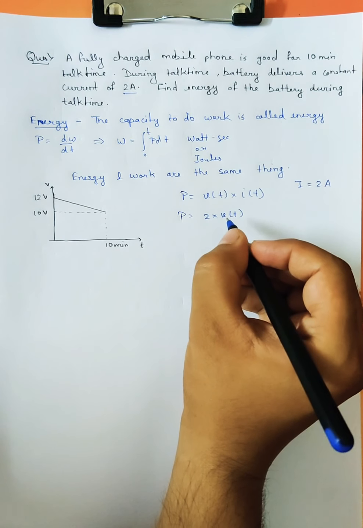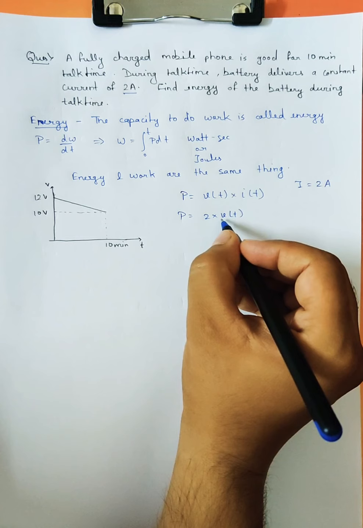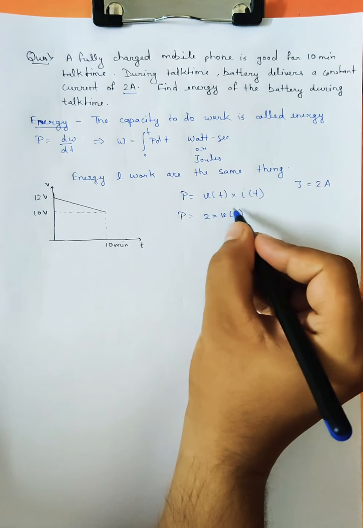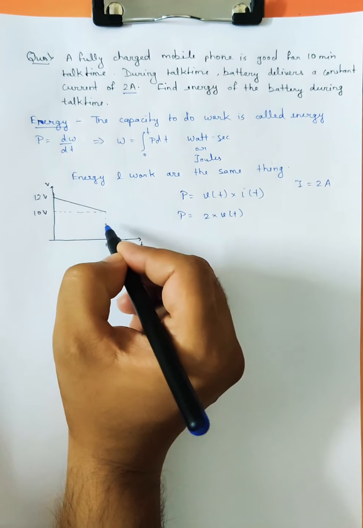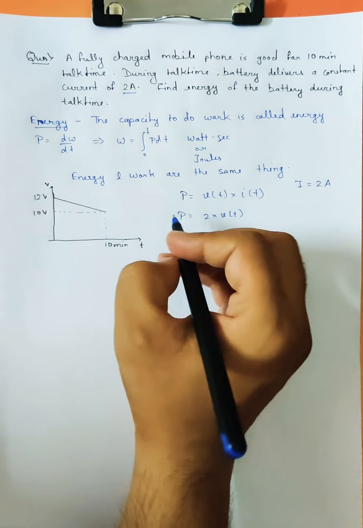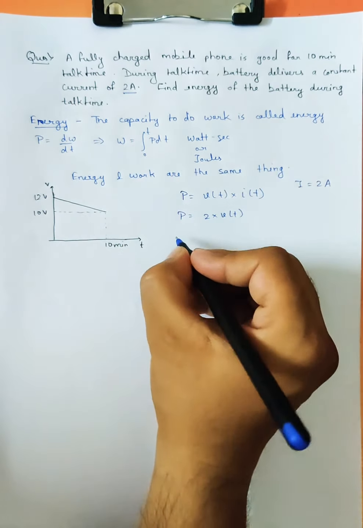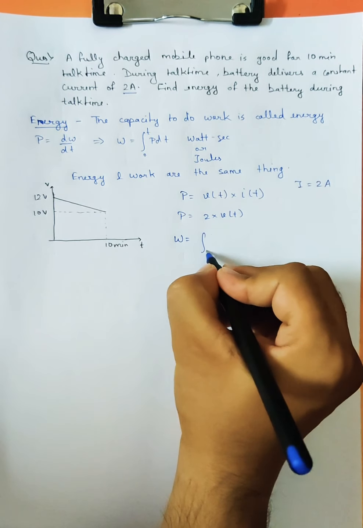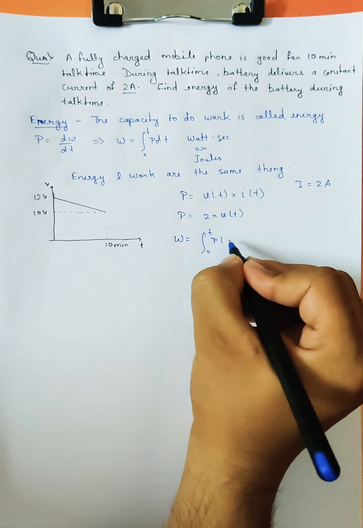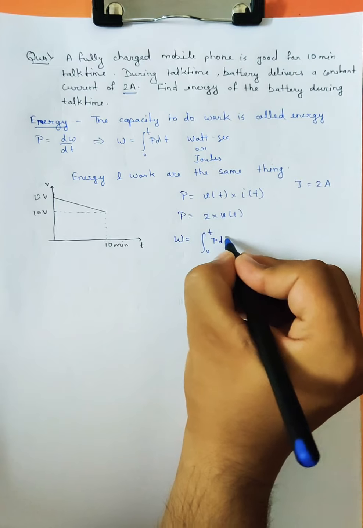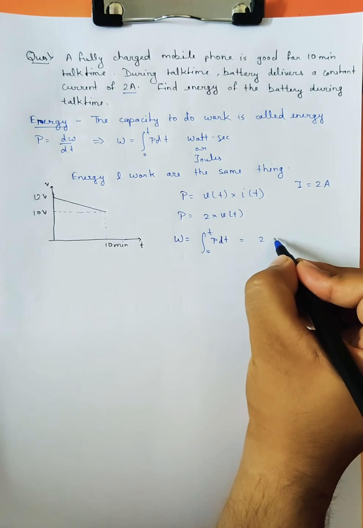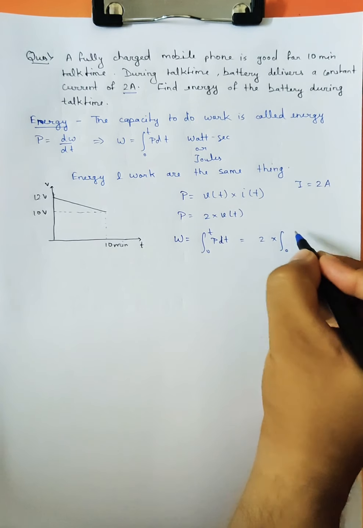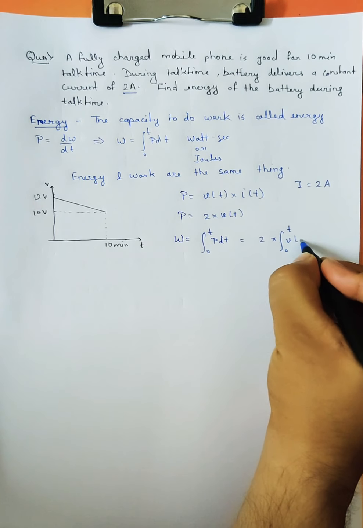First, by writing the equation in terms of time for V(t), or by calculating the area under this curve. From this equation, W is equal to integral 0 to t of p dt, which is equal to 2 into integral 0 to t of V(t) dt.